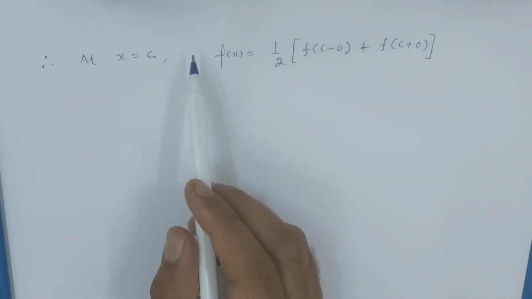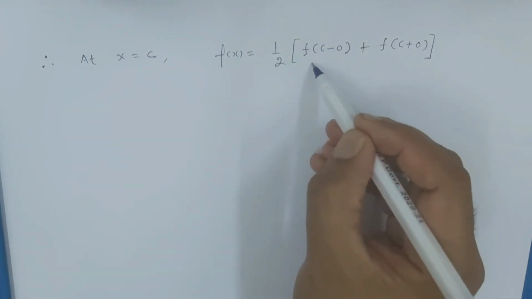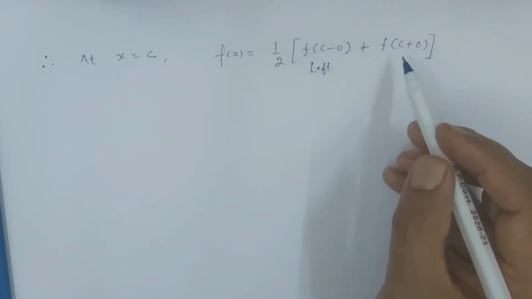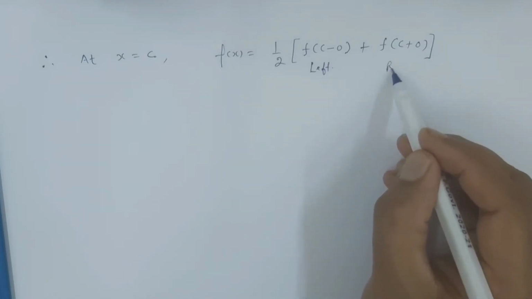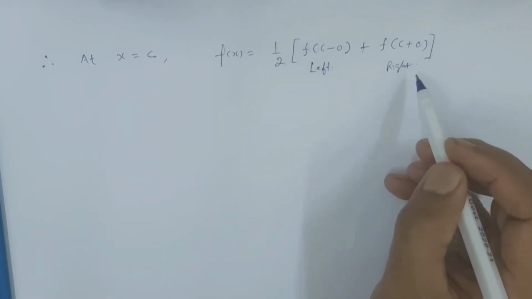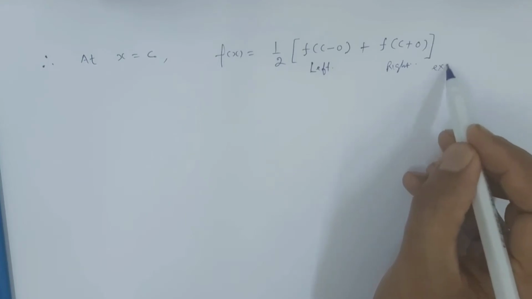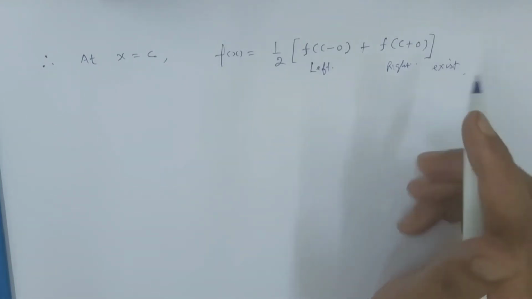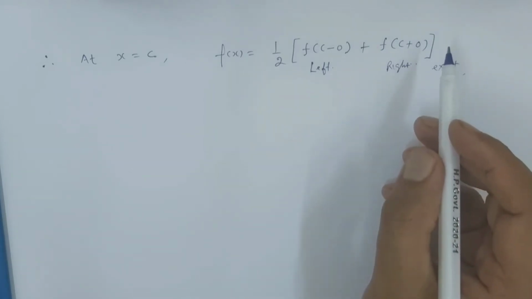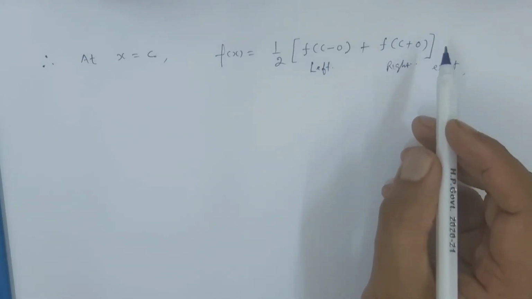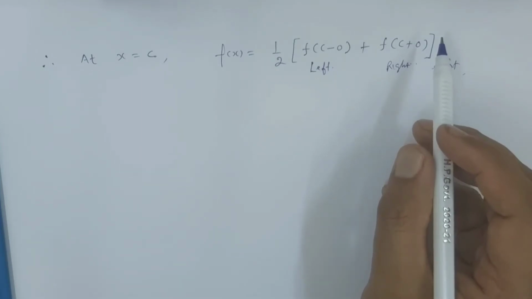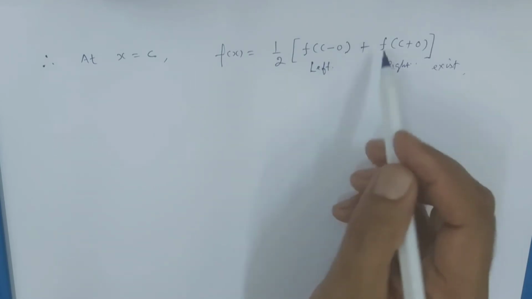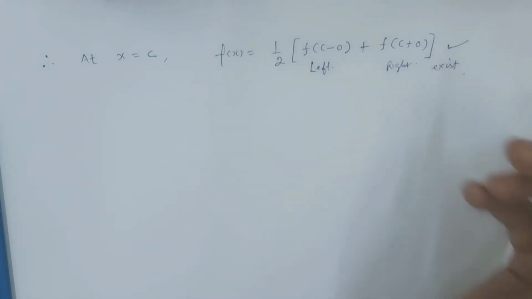Both the limit on the left, f of c minus 0, and the limit on the right, f of c plus 0, exist but are different. At such a point, the Fourier series gives the value of f of x as the arithmetic mean of these two limits.